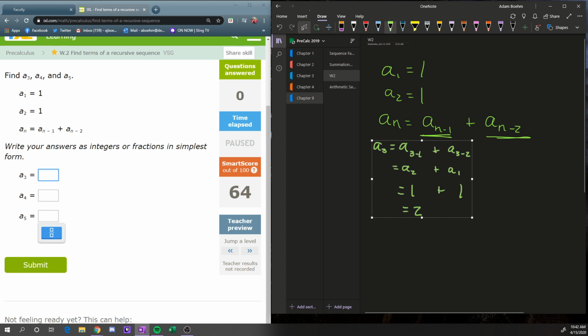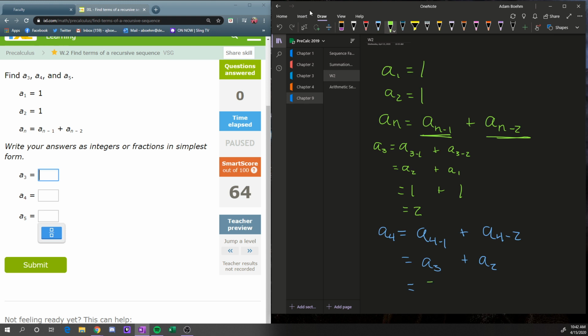Okay, a_4 is equal to a_(4-1), so the term before the fourth term, plus 2 terms before the fourth term, which is a_3 plus a_2. a_3 is 2, which we just found.